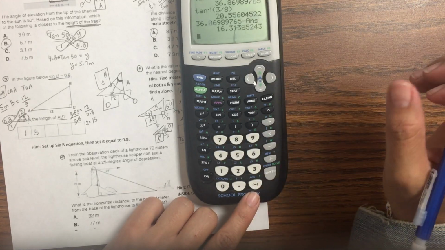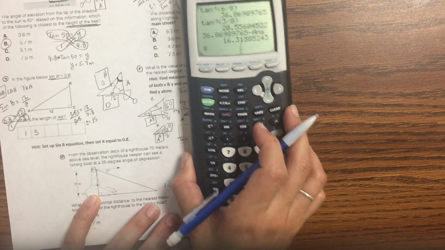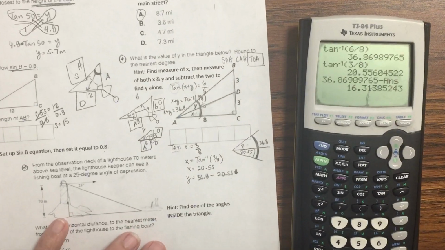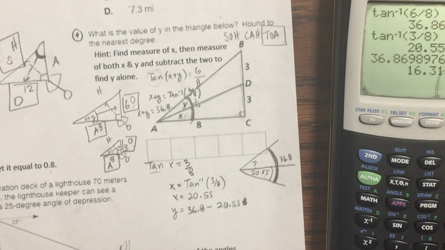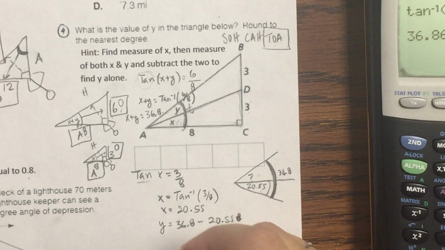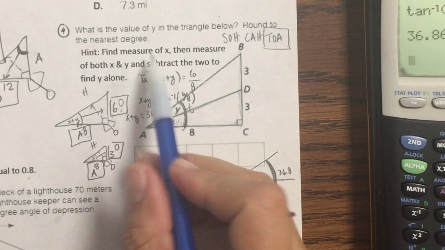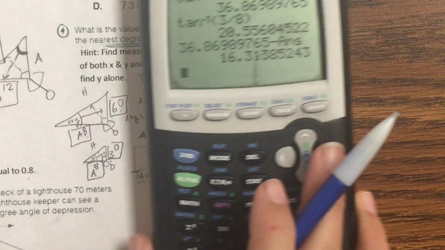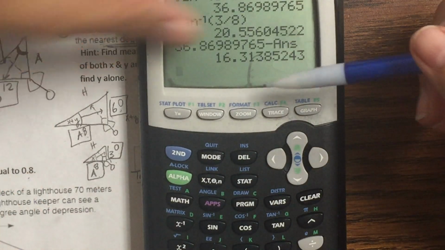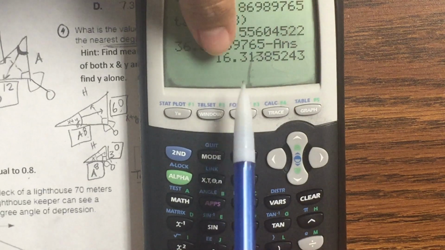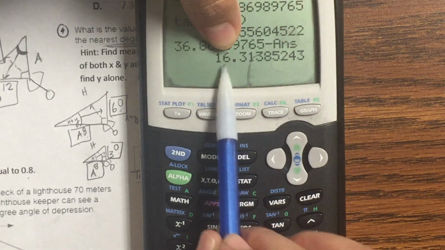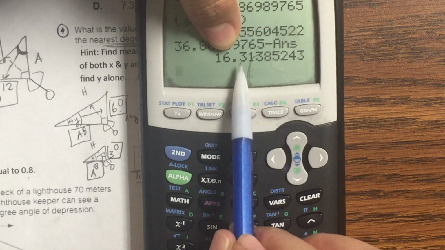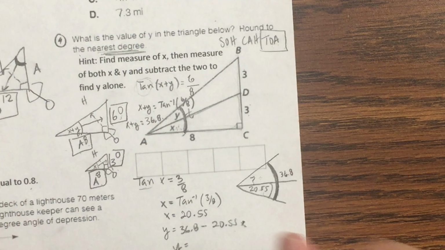So if I do that, I'm going to get 16.31. And since this is open-ended, I have to look at my rounding. So y equals, and round to the nearest degree. So that's the nearest whole number. So we want no decimals, so it's going to be 16. And then now you look here. Is this 3 going to change to 16? No, only 5 and above. So 16 would be my final answer.